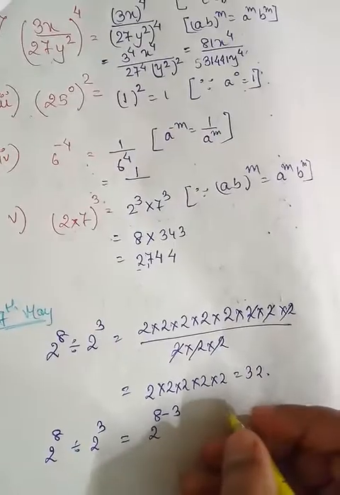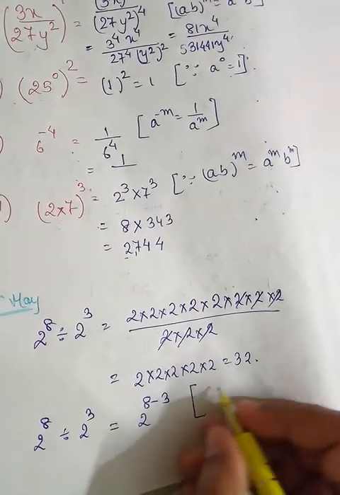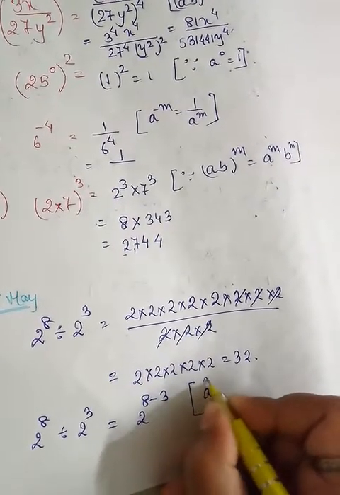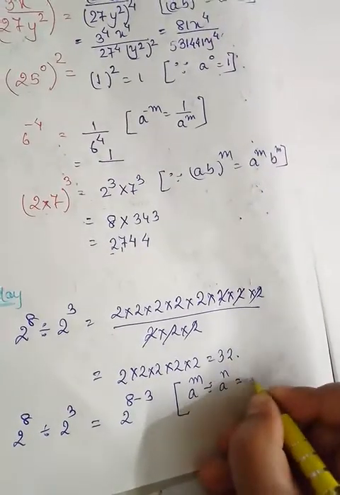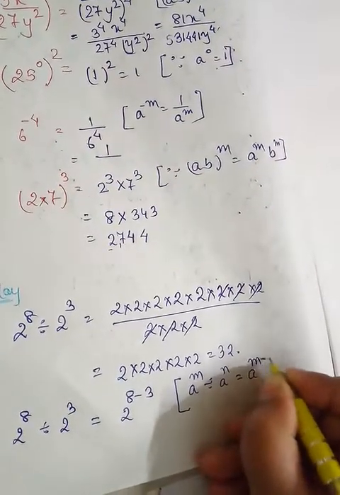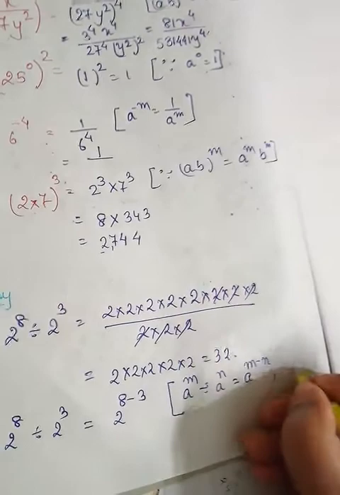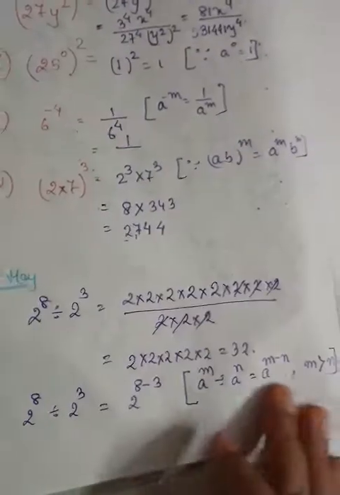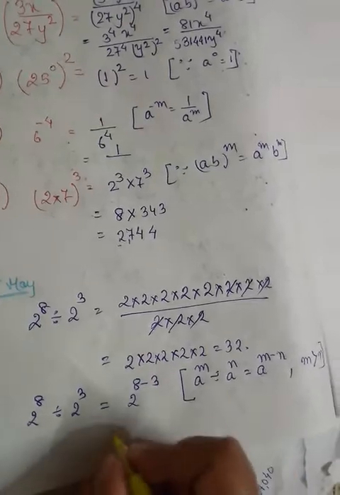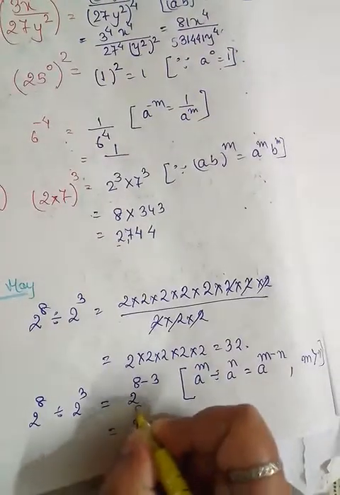Why 2 to the power 8 minus 3? Because you will now write the reason: since a to the power m divided by a to the power n is equals to a to the power m minus n, where m is greater than n. This reason you have to write, and then you will write 2 to the power 5.